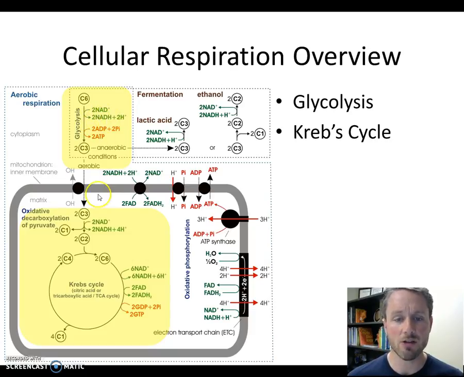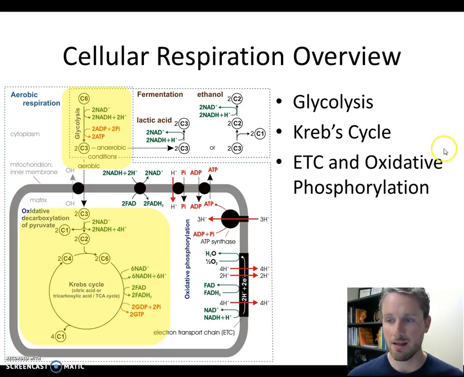Remember, these NADH molecules are electron carriers, and their job is to carry the electrons to the last step of cellular respiration, the electron transport chain and oxidative phosphorylation. And that occurs right down here. So here we see the NADH dropping off the electrons at our electron transport chain.